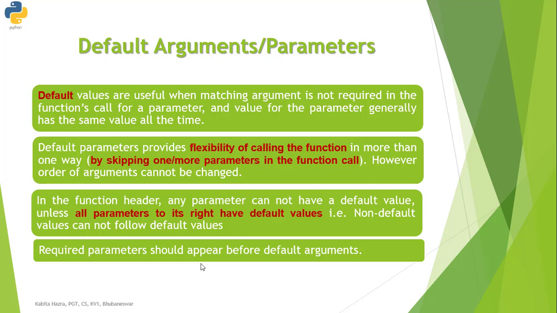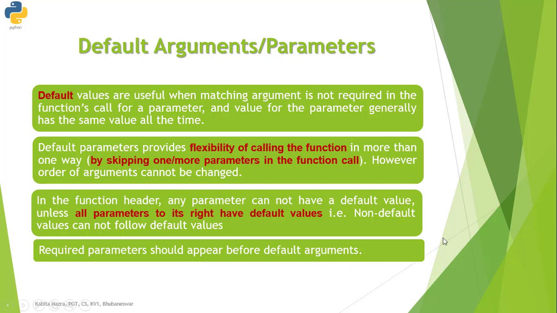So we may call a function by passing different numbers of arguments, but however we cannot change the order of the arguments. And one more thing we have to keep in mind, that the default parameters should be on the right side. That means any non-default parameter cannot be to the right of any default parameter. We will see by example.